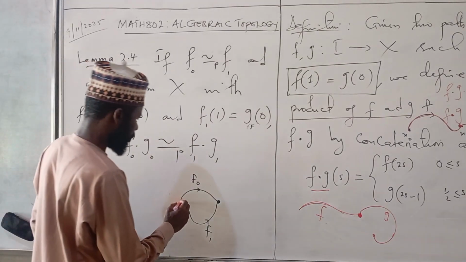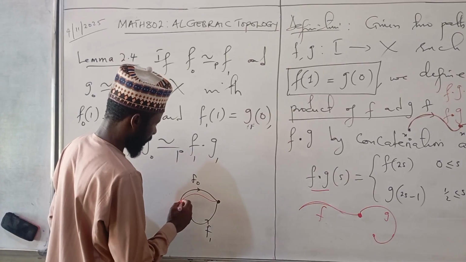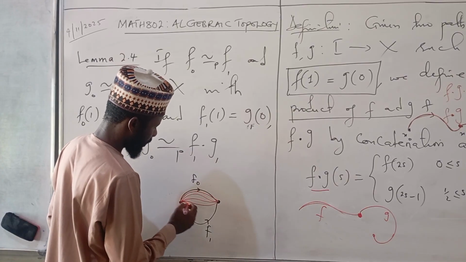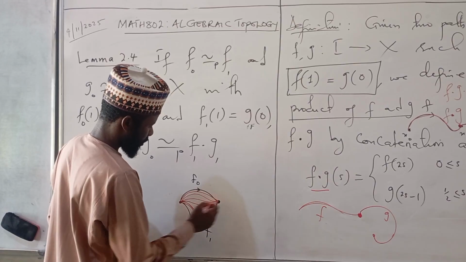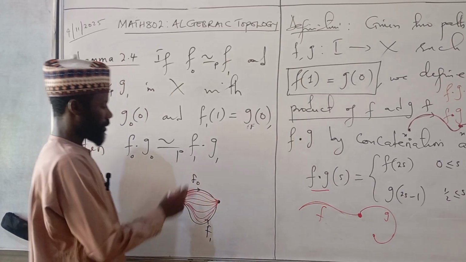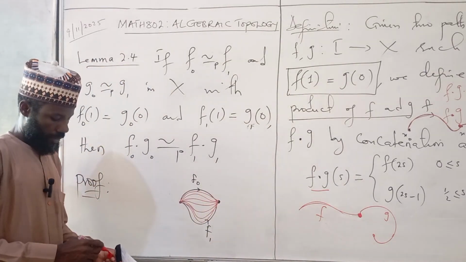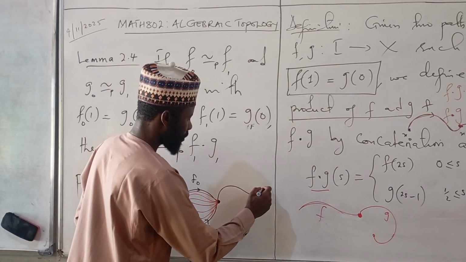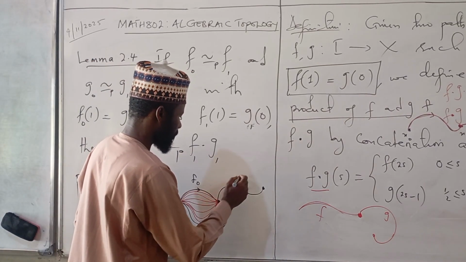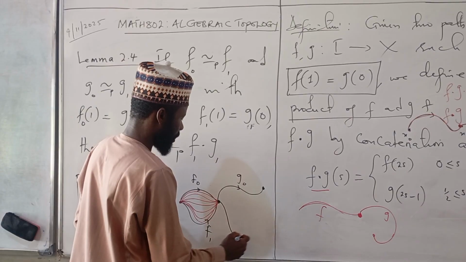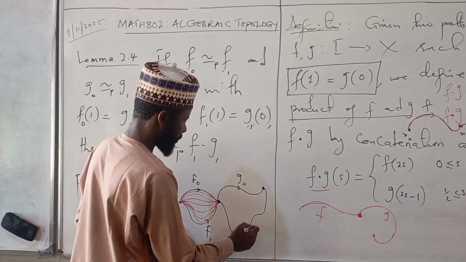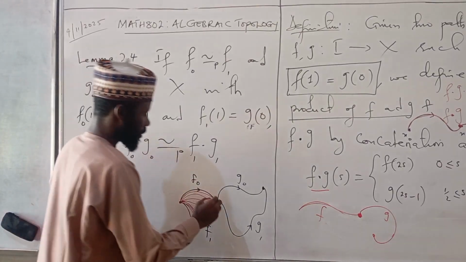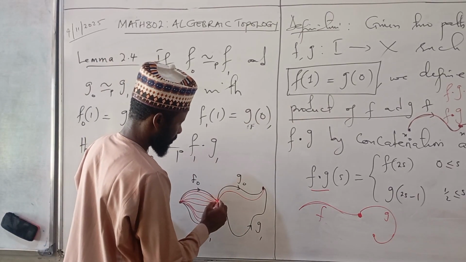Think of a homotopy, which means a whole continuous family of paths that transform f0 to f1. And then you have also g0 to g1, and again there is a homotopy.